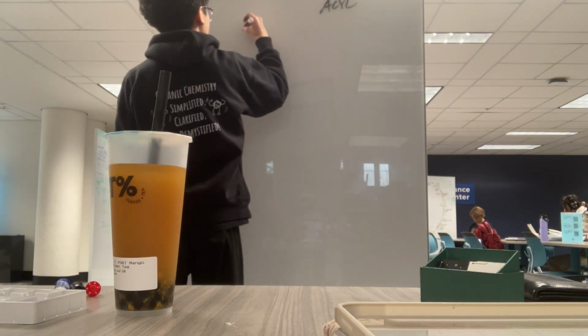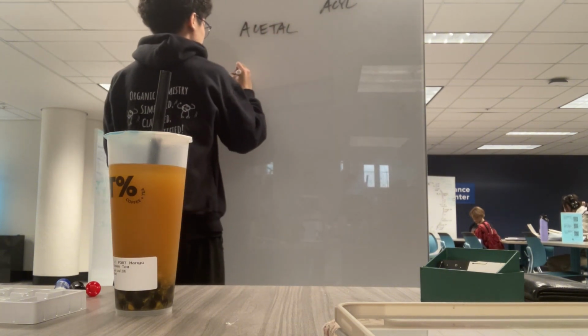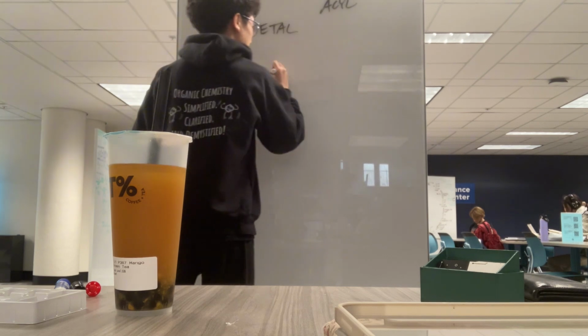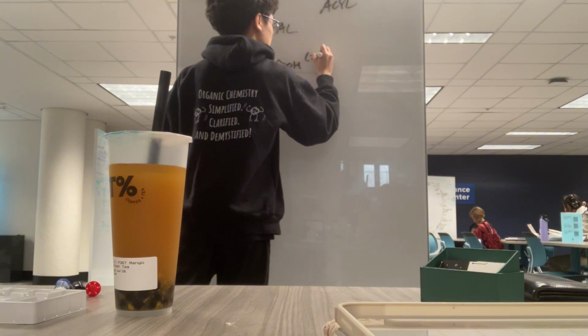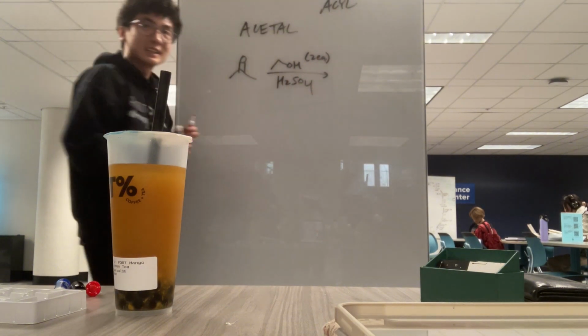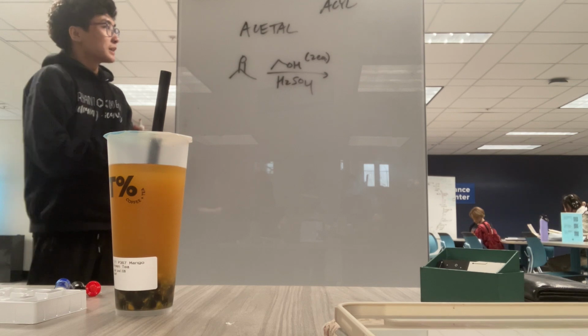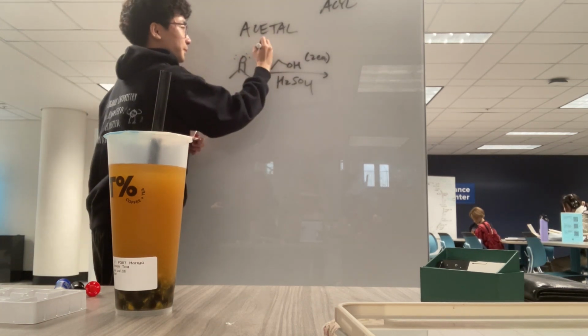So for acetal, when we have this carbonyl here, and we have 2 equivalents of the alcohol in acidic conditions, the first step is to activate the carbonyl.